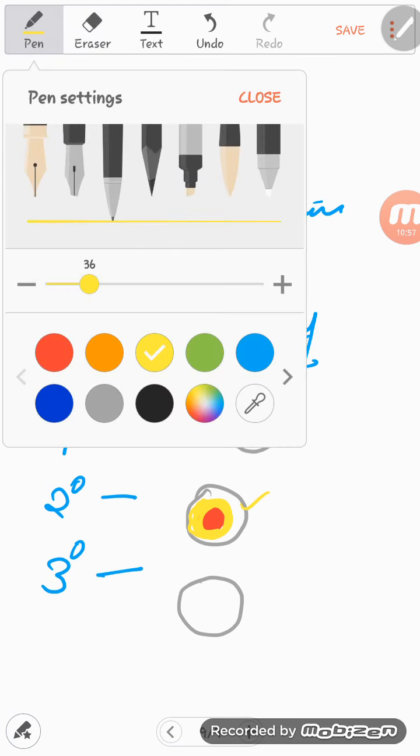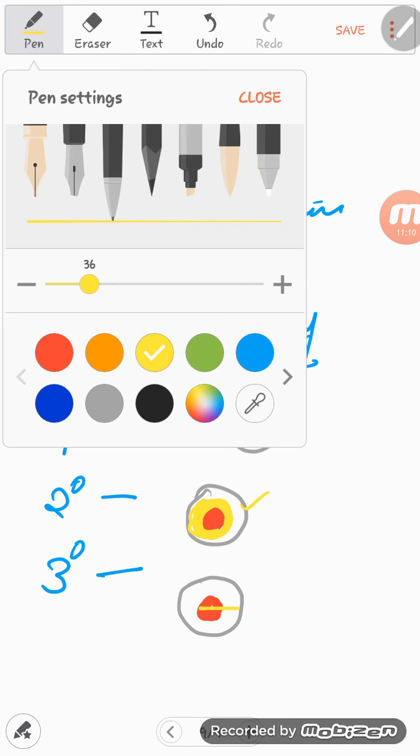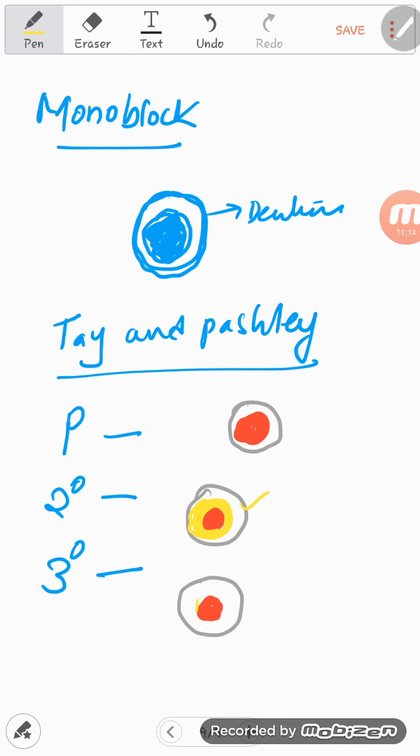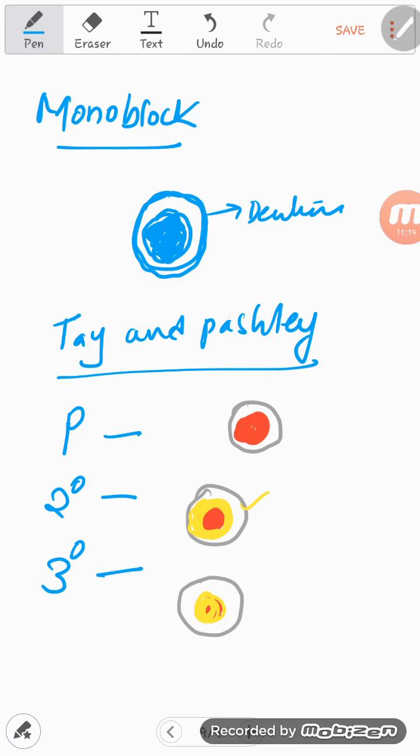So third category is tertiary monoblock, with some additional thing. Okay, you will have three interfaces. One is between the red and yellow, second is between the red and blue, third is between the blue and white.